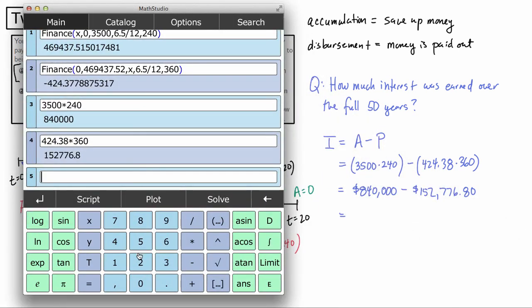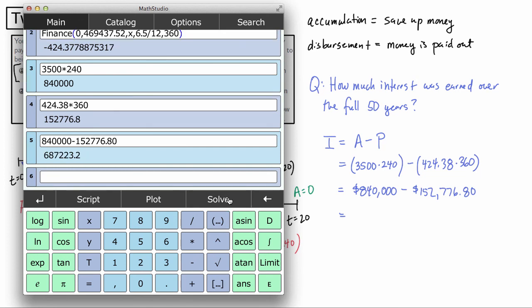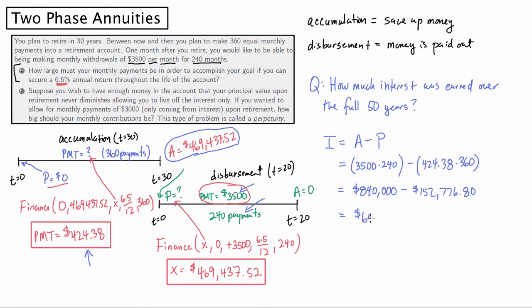We would have $840,000 minus 152 and change. And so the total amount there is $687,223.20. So that is the total amount of interest earned.